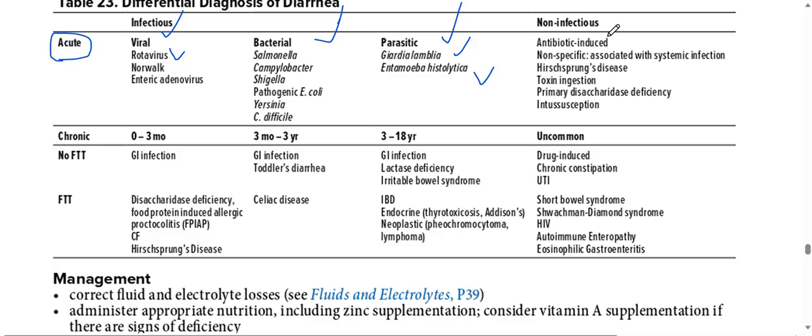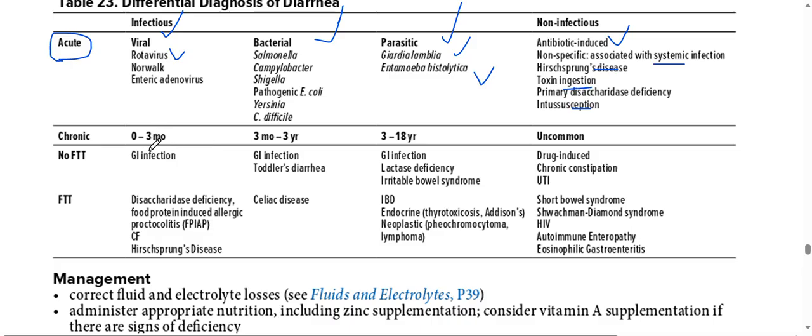Non-infectious causes: of course, with the use of antibiotics, Clostridium difficile diarrhea. Then non-specific causes associated with systemic infections, Hirschsprung disease, toxic megacolon, toxin ingestions, and intussusception. These are not infectious. Okay, chronic diarrhea, infectious chronic diarrhea.